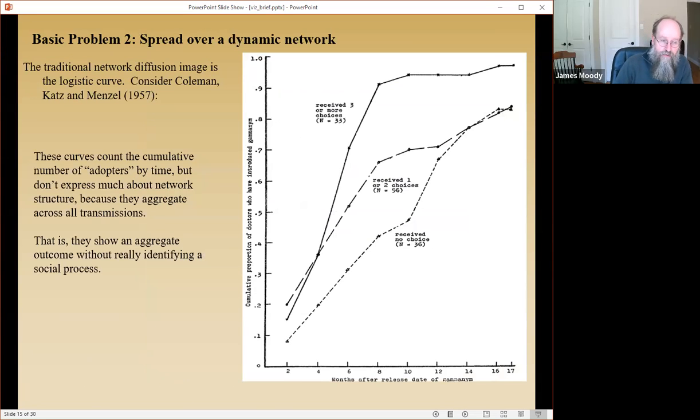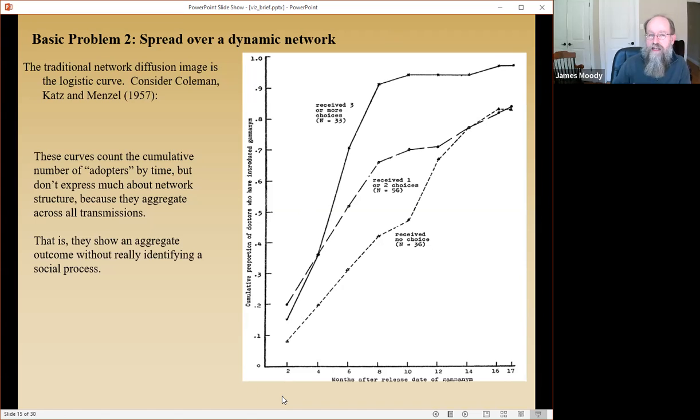You might also find in many cases that it's good to abstract away from the network entirely and instead plot a process on the network. In this case, this is what Katz, Coleman, and Menzel plotted, the adoption of an innovation, but they ordered it by high degree nodes, middle degree nodes, and low degree nodes.